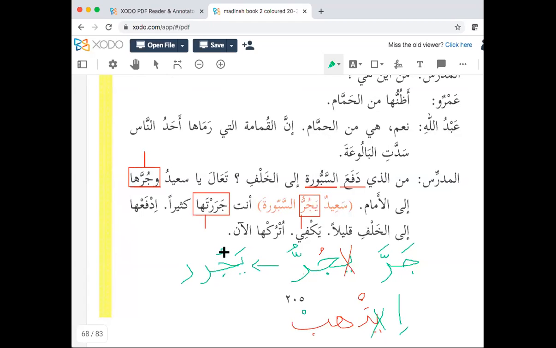What is the meaning of a shadda? The shadda is two letters coming together. The first of them having a sukoon on it. Okay. Yajruru. Let's get rid of that again.